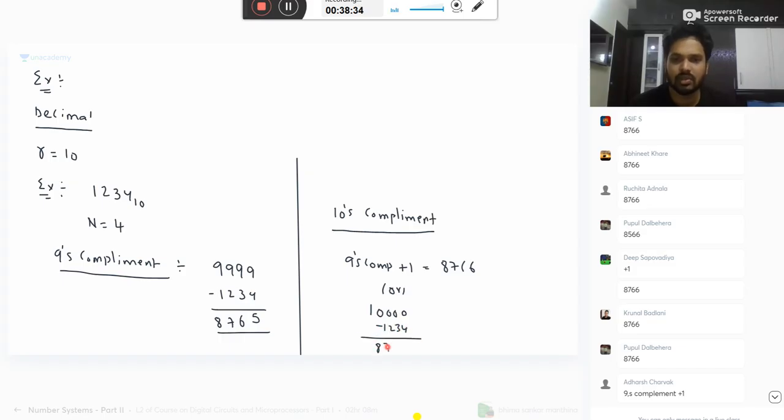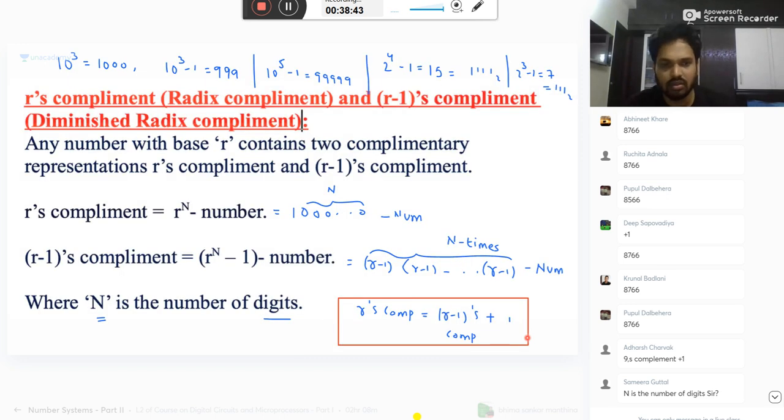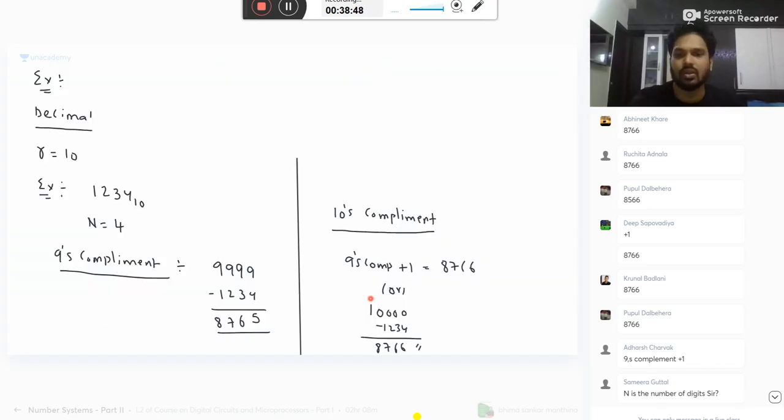It will give you the same answer. Its utility we will see just next when we do the arithmetic operation. Yes, n is the number of digits, Samira. N is the number of digits. Is it okay now? 9's complement is very simple.